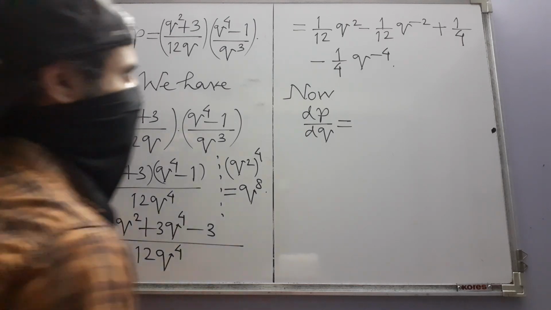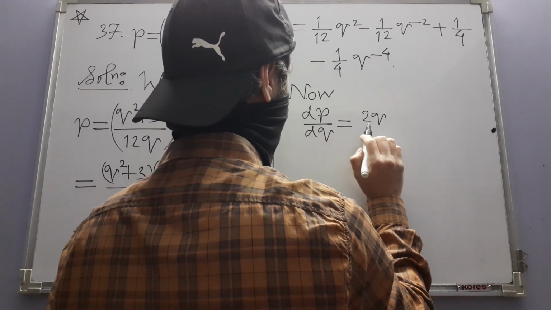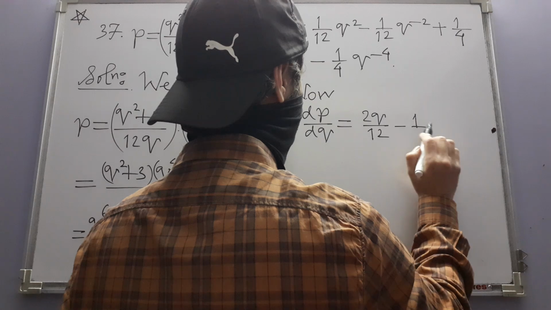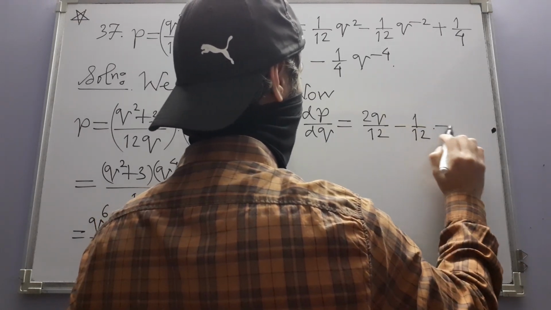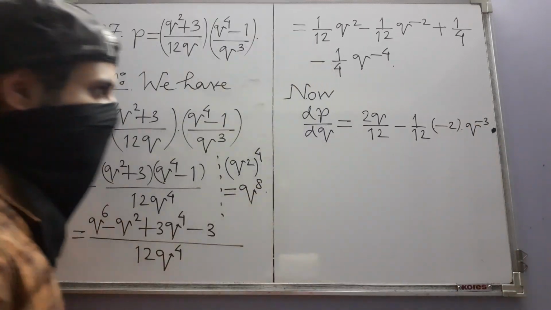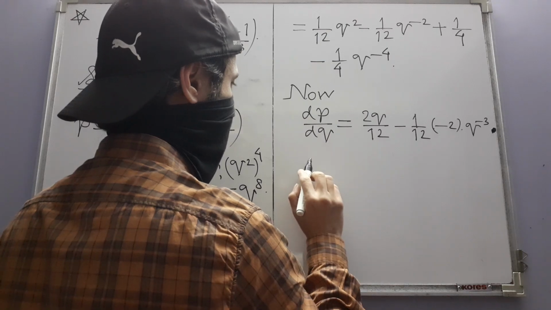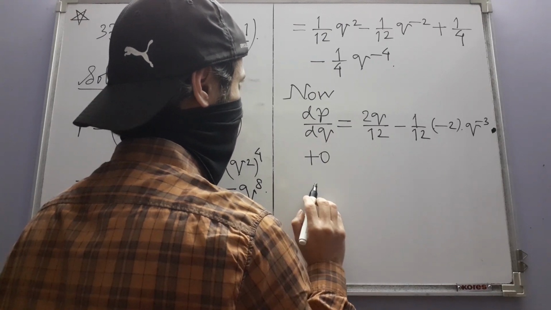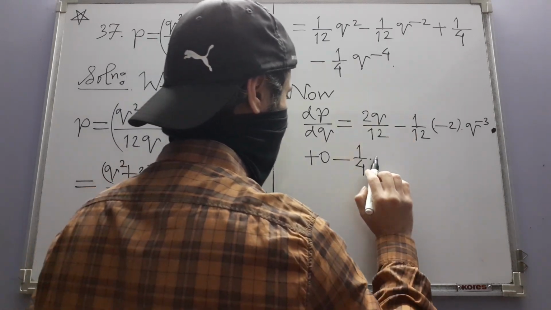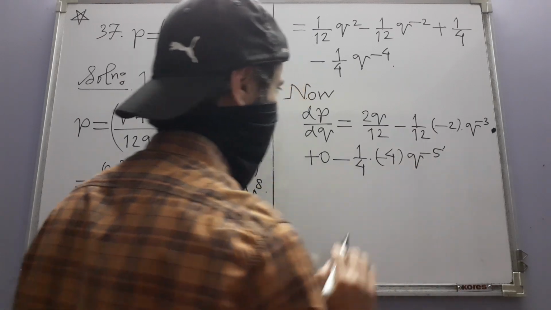Then first we will get 2q divided by 12, then minus 1 over 12 times minus 2 times q to the power minus 3, subtract 1 from the exponent, plus 0 minus 1 over 4 times minus 4 times q to the power minus 5.